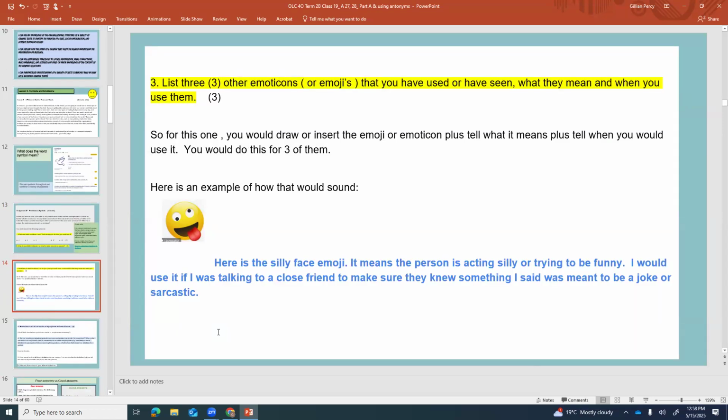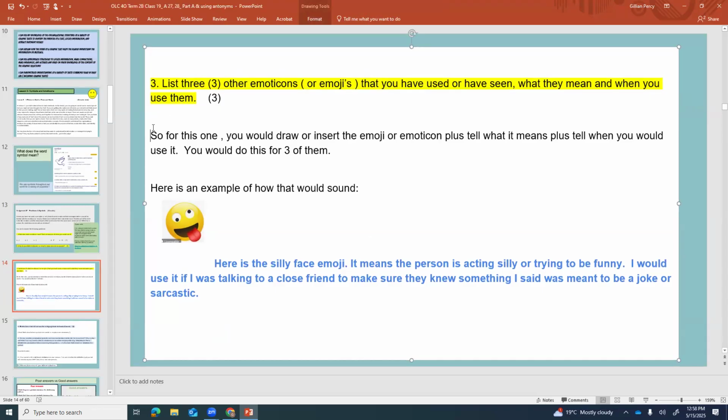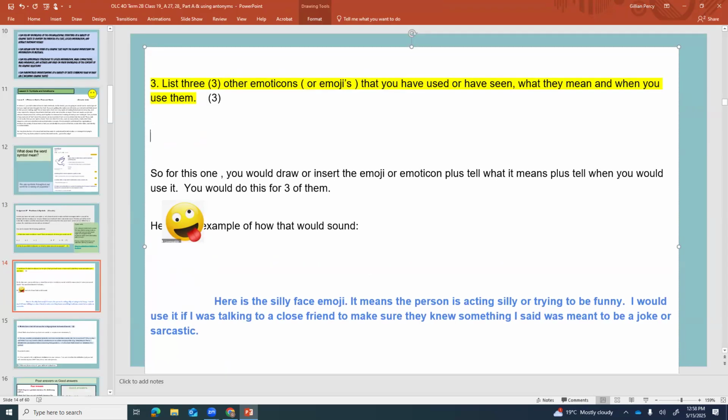List 3 other emoticons that you've used or seen, what they mean, and when you use them. Now, I want to point this out. This is 3 different things that they are asking for, okay? So it's really important because people will sometimes do part of this and then they lose marks, even though I'm sure they know the answer.